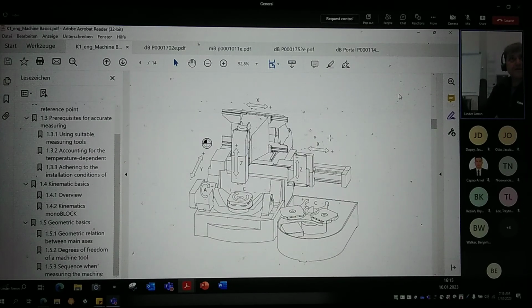Here we see the example for the monoblock. This is a monoblock example with a round table and a pellet system, which doesn't matter now in this case, but you see we have a swivel round table, in that case with a pellet on a table or a pellet carrier.